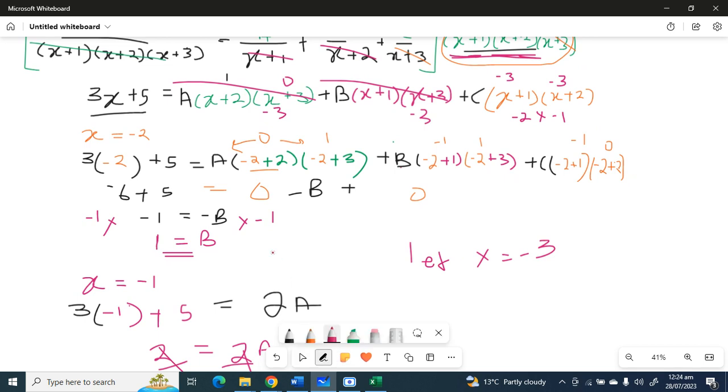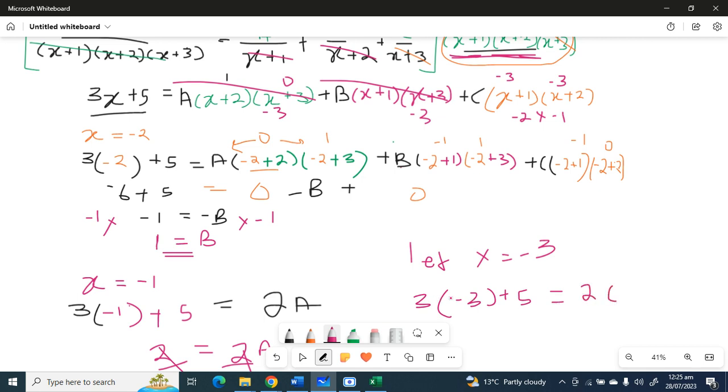So we've got our expression here, 3x plus 5. We're going to say 3, open brackets, -3 plus 5 equals 2c.